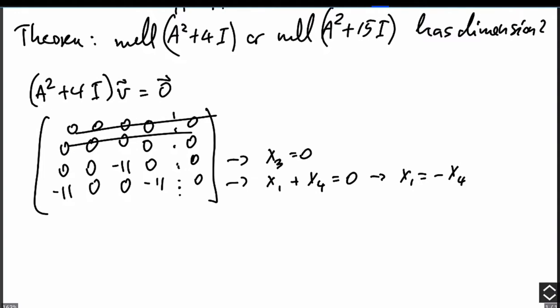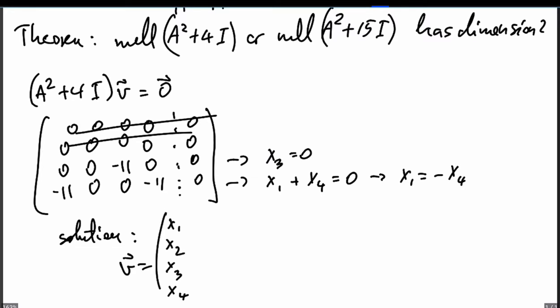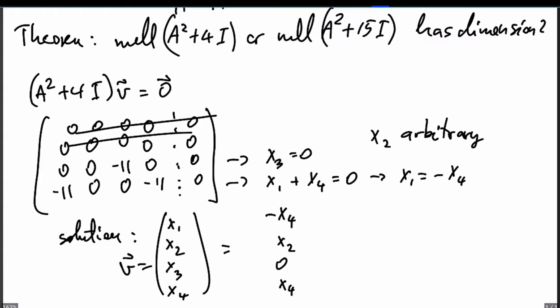So from here we get the solution vector x1, x2, x3, x4. We have minus x4 in the first component. x2 is arbitrary, so there is nothing about x2. x3 must be 0, and x4 is just x4. That's again a free variable. x2 was also a free variable.